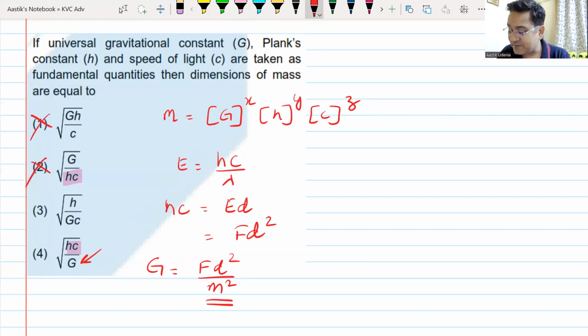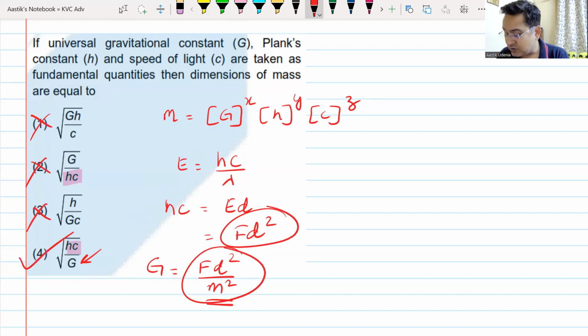These two options are definitely not possible. This option is definitely not possible because this is FD squared, and FD squared should get cancelled. The only option that is possible is 4, and that is the answer, my dear friend. I don't have to get into that complication.